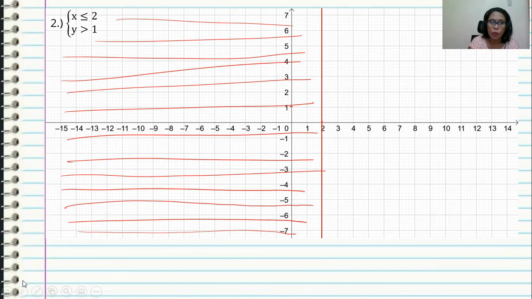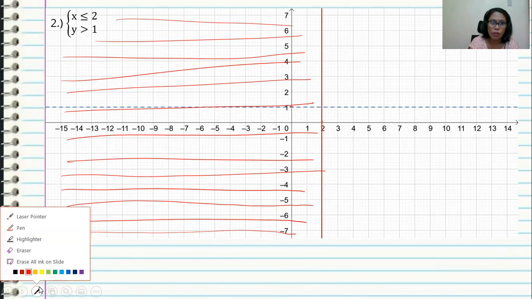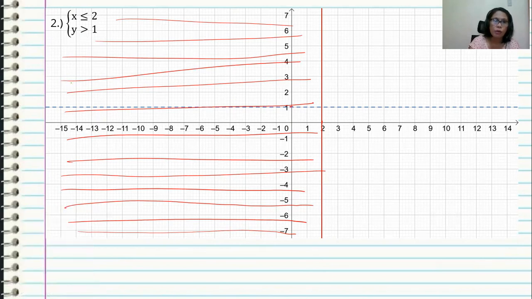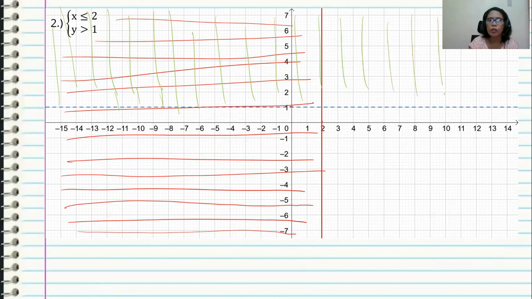And we're going to make use of a dash line there. Since this is greater than, it should be above the dash line. So let's make use of a different color here.